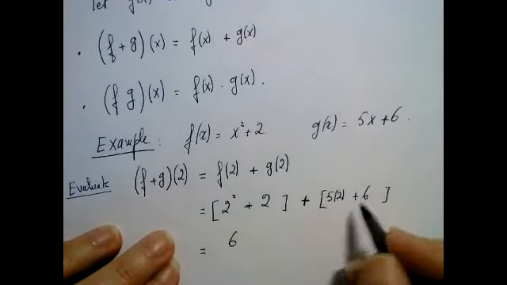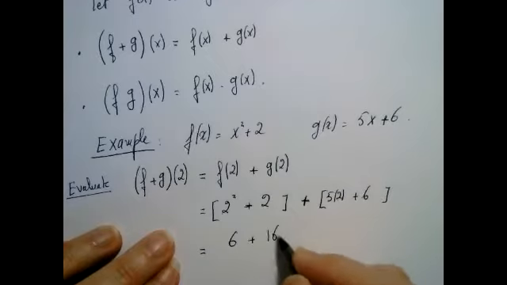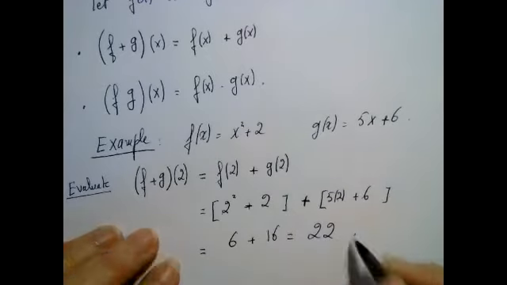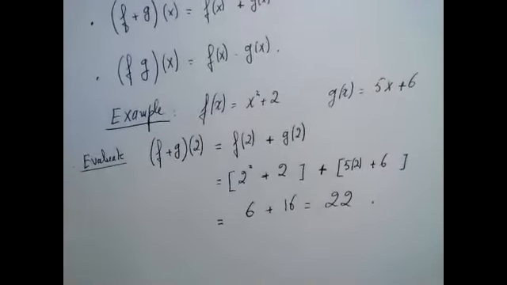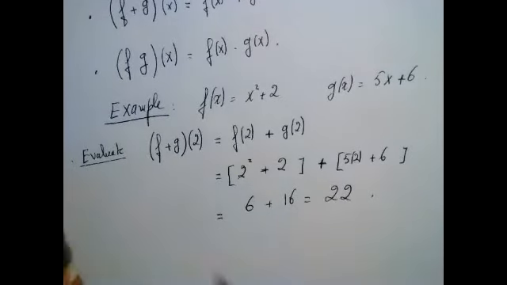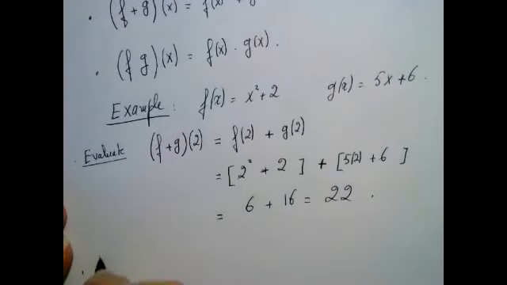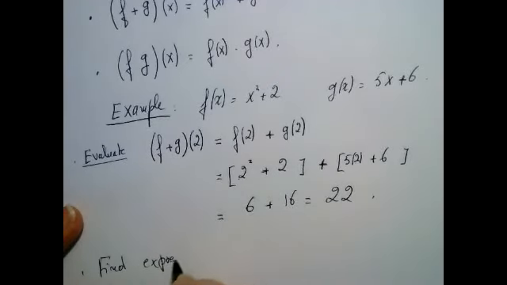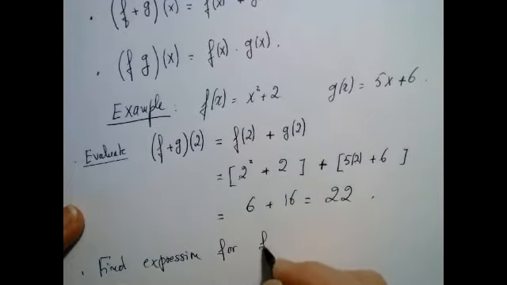This will give me 10 plus 6, 16, which will give me 22. So that's what this notation really means. Now suppose I tell you, find an expression or a formula for f plus g.